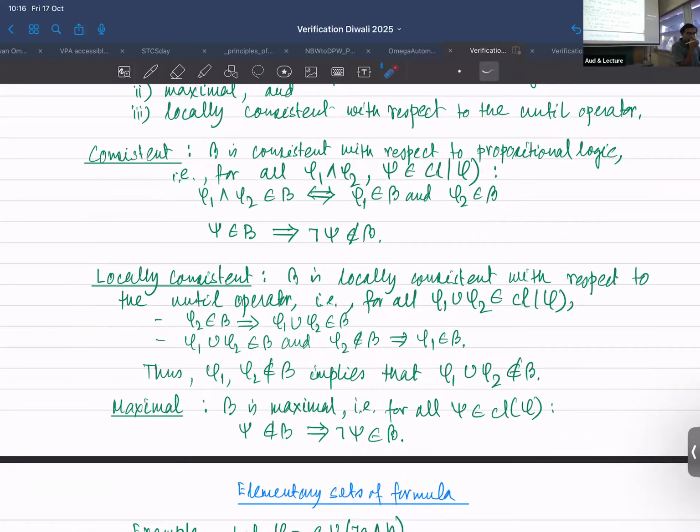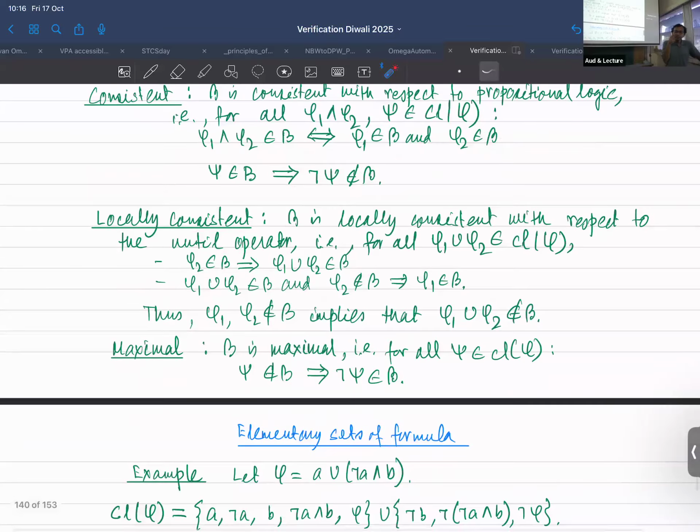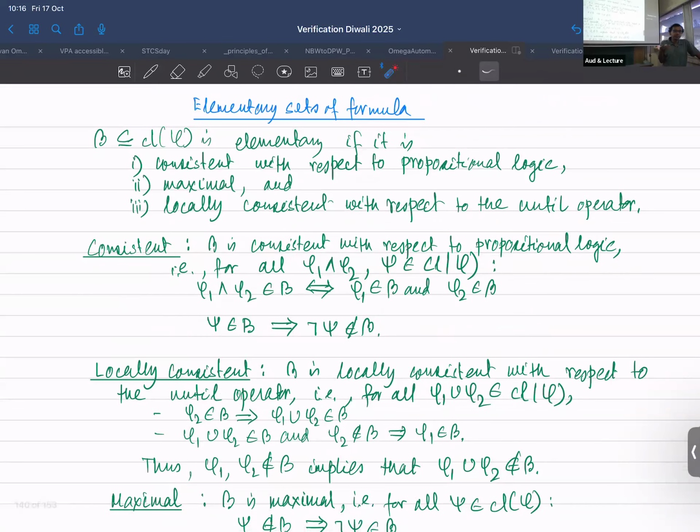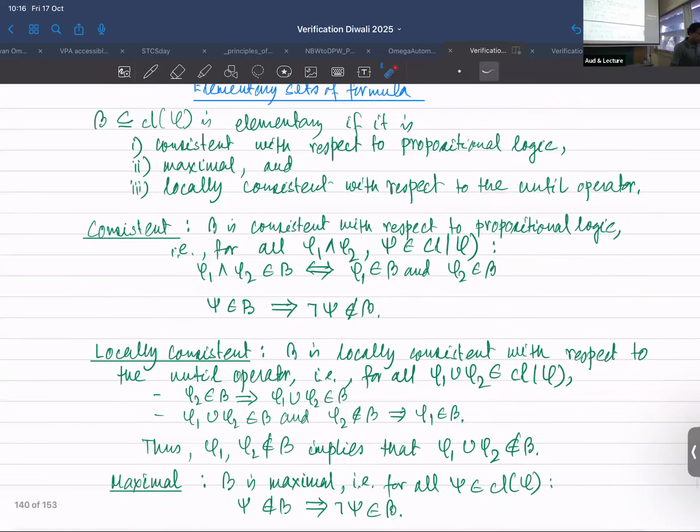Okay. So when we look at the transition functions in this automaton that we are going to construct, there we will see how the until and the next operator define the transitions. Here we are now just talking about the states first. So what are the possible states? The states are such elementary sets of this form.